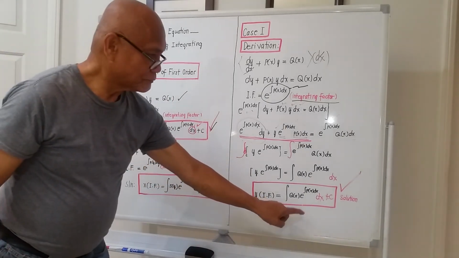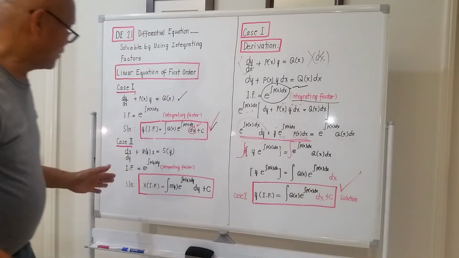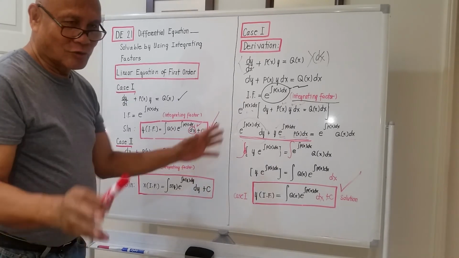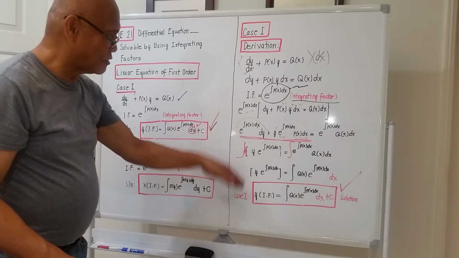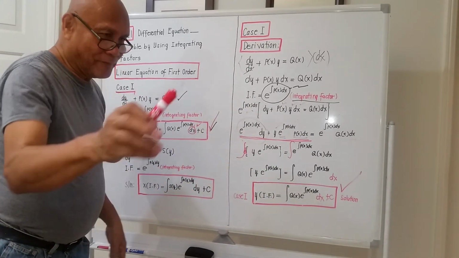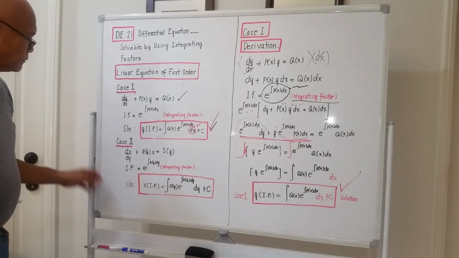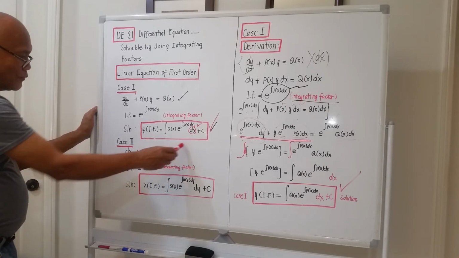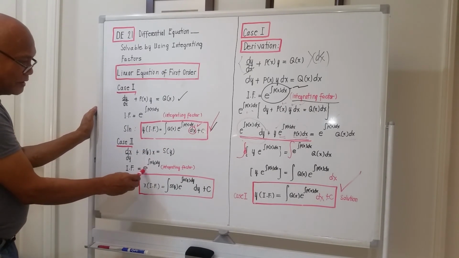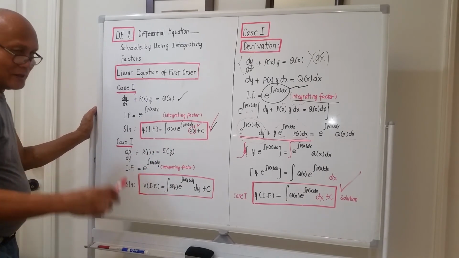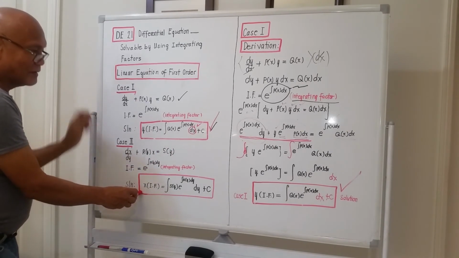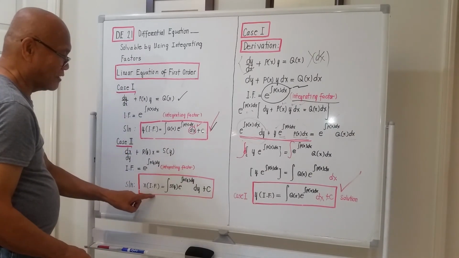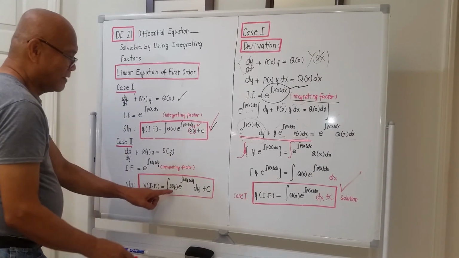To derive case number 2, it is the same process. We just reverse the variables, so I will not show it again. I will just state case number 2. If the given equation is dx/dy plus r of y times x equal to s of y, the integrating factor is e to the integral of r of y dy, and the solution will be x times the integrating factor equal to the integral of s of y times e raised to the integral of r of y dy, times dy, plus c.